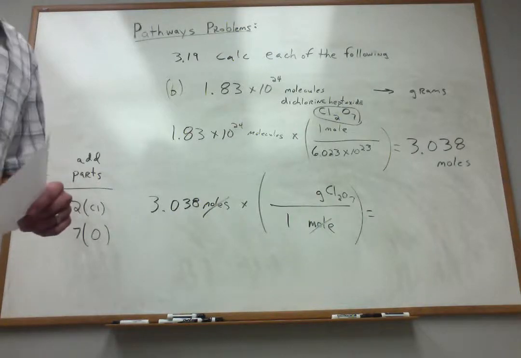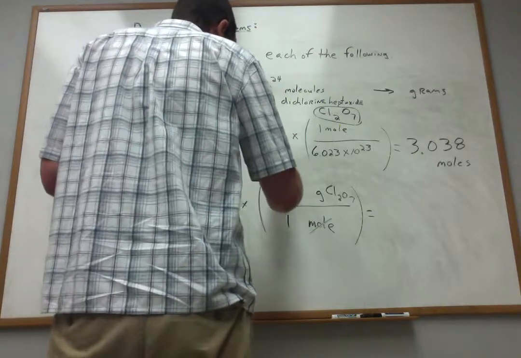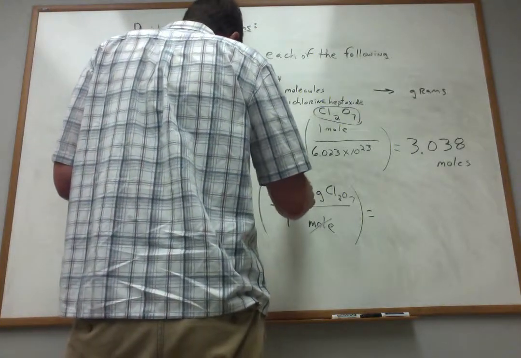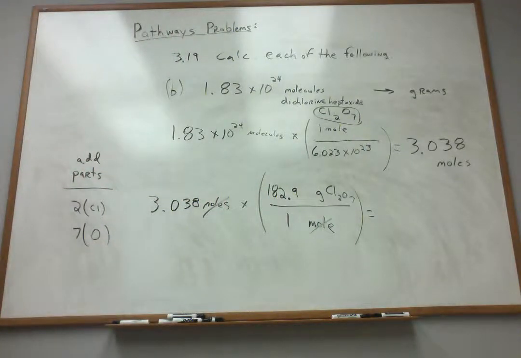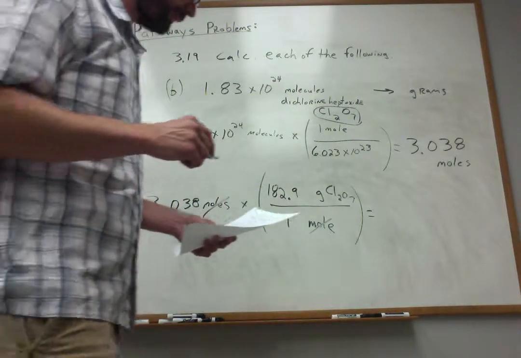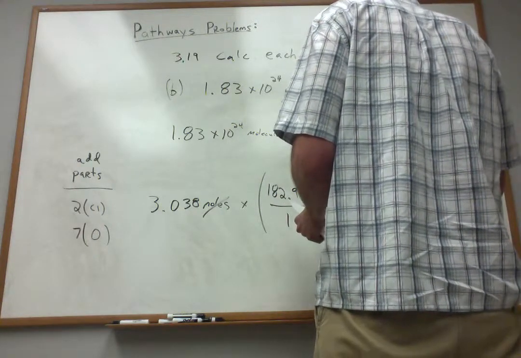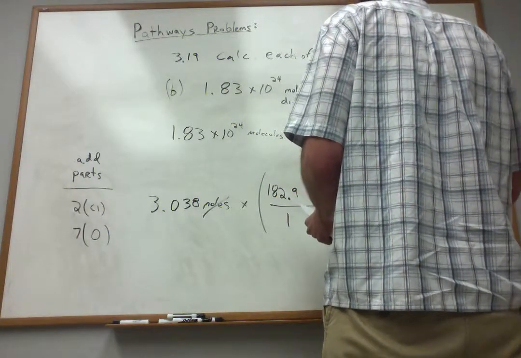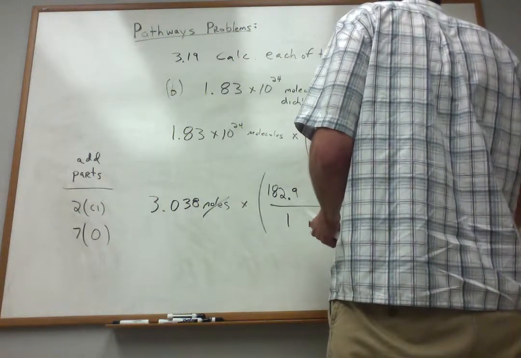Add up those numbers from the periodic table, those molar masses. When you do so, you get 182.9 grams per mole. If you multiply that by 3.038 moles, you end up with 555.71 grams.